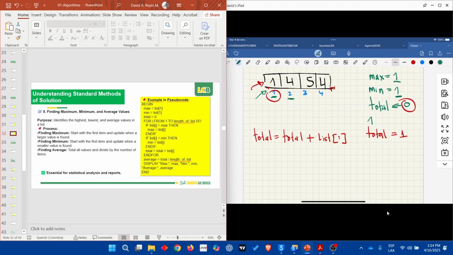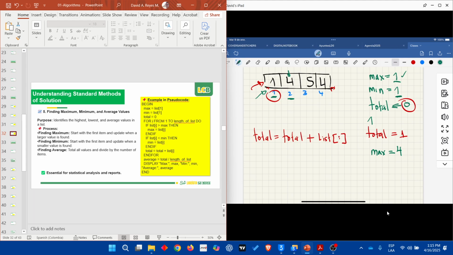Okay, now we move to the second item on the list, that is number 4. Now, the algorithm asks, is the item in the list in position number 2, that at this moment is 4, greater than max? So this 4 is greater than max. Max is equal to 1. Yes, so that means now that max is going to have the value of 4.